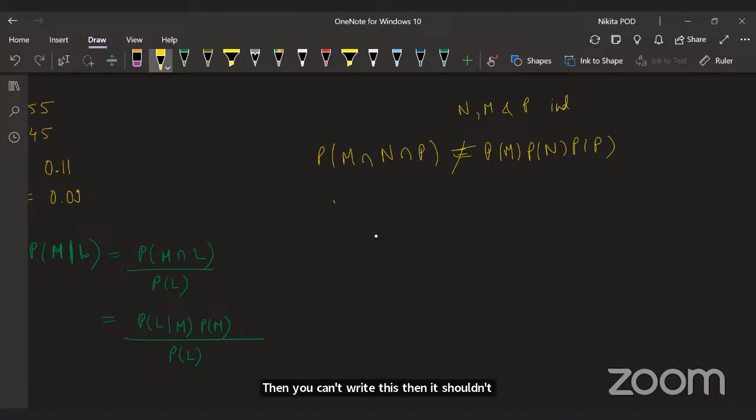Then in that case, you will have the probability of M times the probability of N given M. How did you get that?